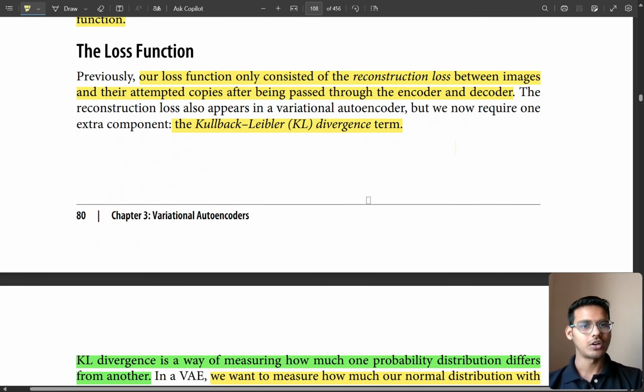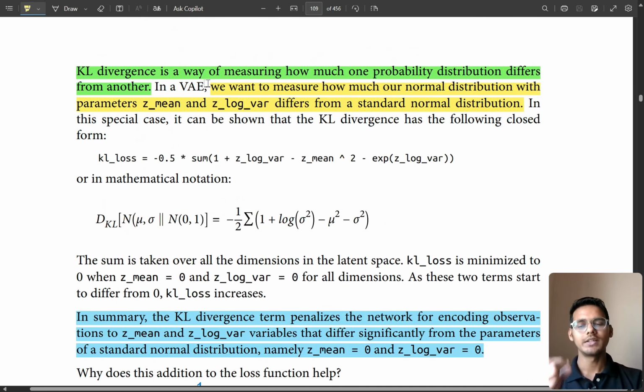Like there is a reconstruction loss, but there is a different type of loss, as there is a probability distribution. Then we have to have a loss function that will make us realize how much it differs from the actual probability distribution, or maybe from one another.